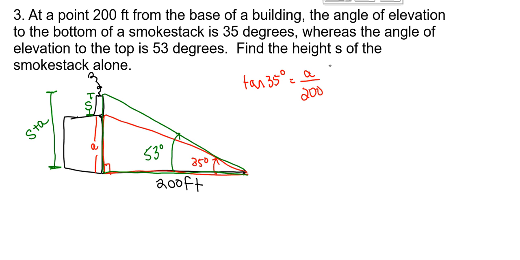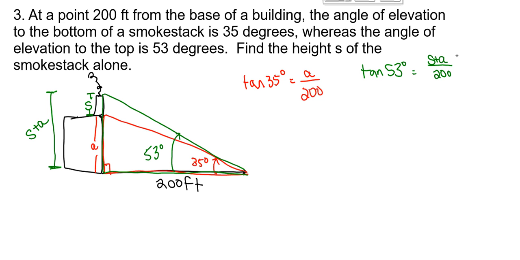And then I know for the green triangle that the tangent of 53 degrees is equal to that whole long side that's the opposite, which is S plus A over 200.